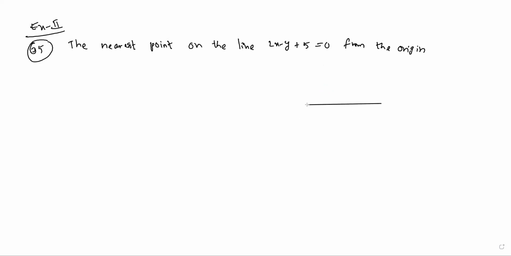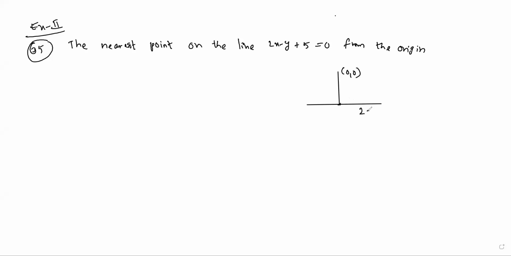This is the given line, and here is the origin point. The nearest point on the line from the origin is obtained when we draw a perpendicular line from the origin to the line. This point we need to find out here.